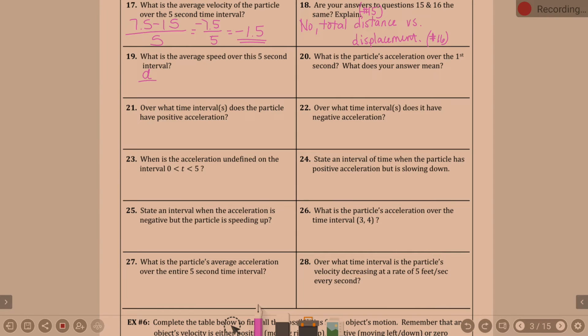What is the distance you traveled over a 5-second interval? 22.5. 22.5 over the 5 seconds, which is 4.5 according to my notes. Okay.